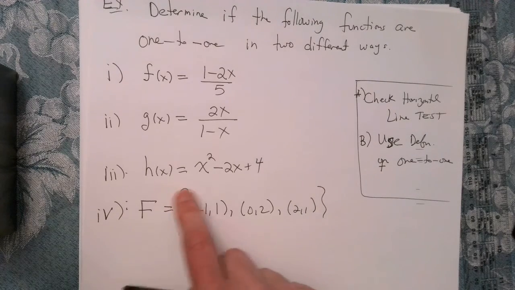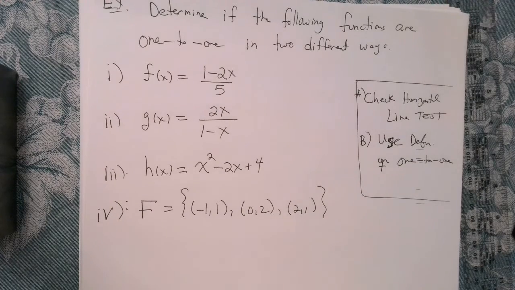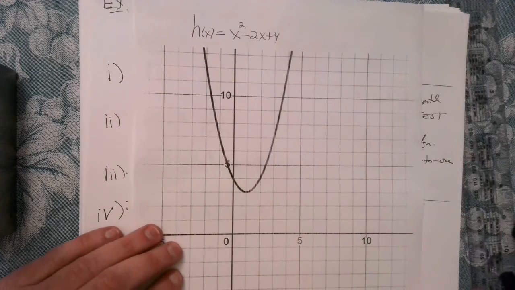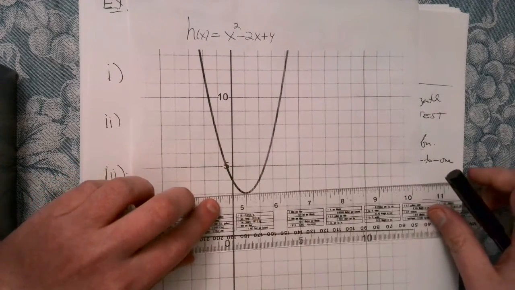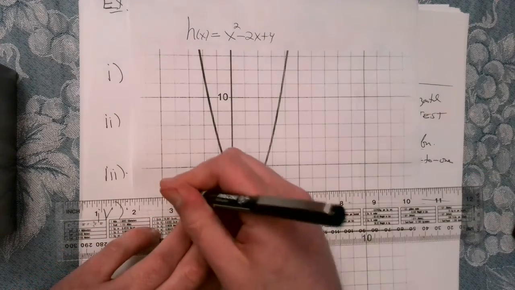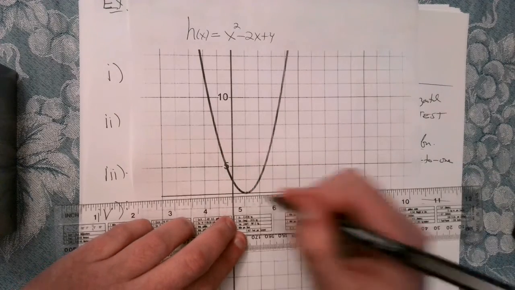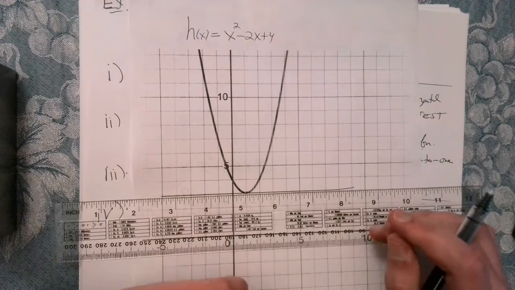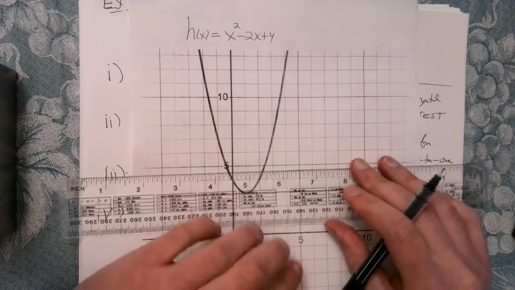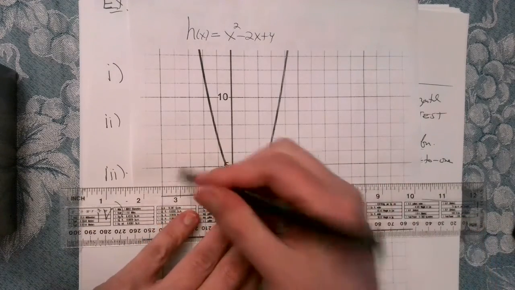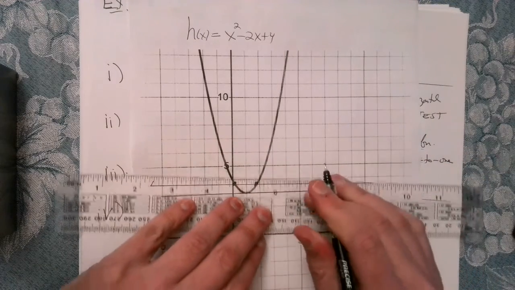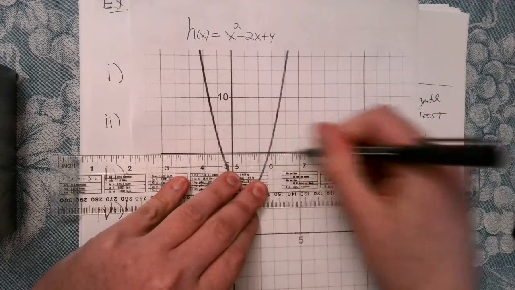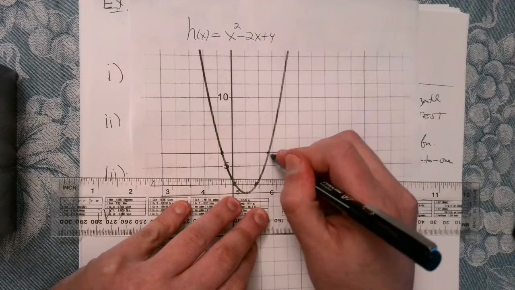Okay, let's look at the graph of h. Does this pass the horizontal line test for invertibility? No, look at that. Just because this is nice in one place, at the vertex, that's not enough to say it passes the horizontal line test. Does every horizontal line I draw intersect at most once? No way. Look at these two intersection points on that horizontal line.